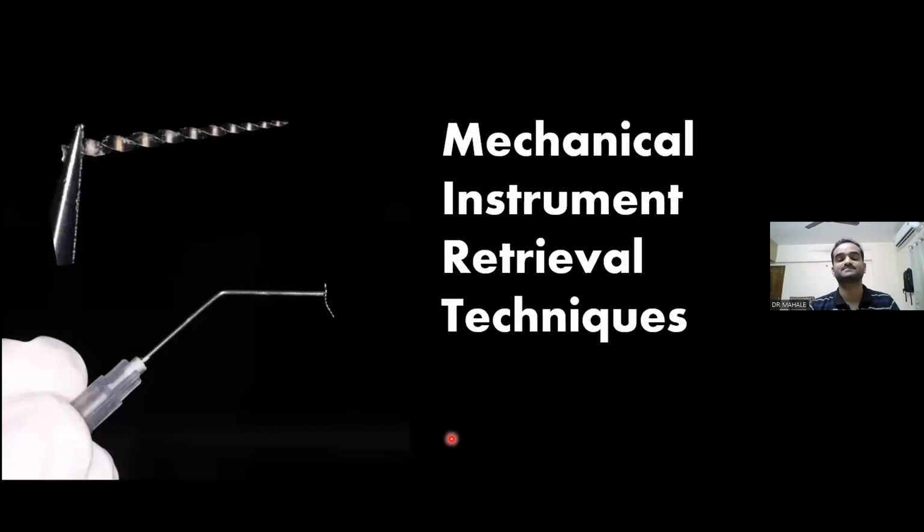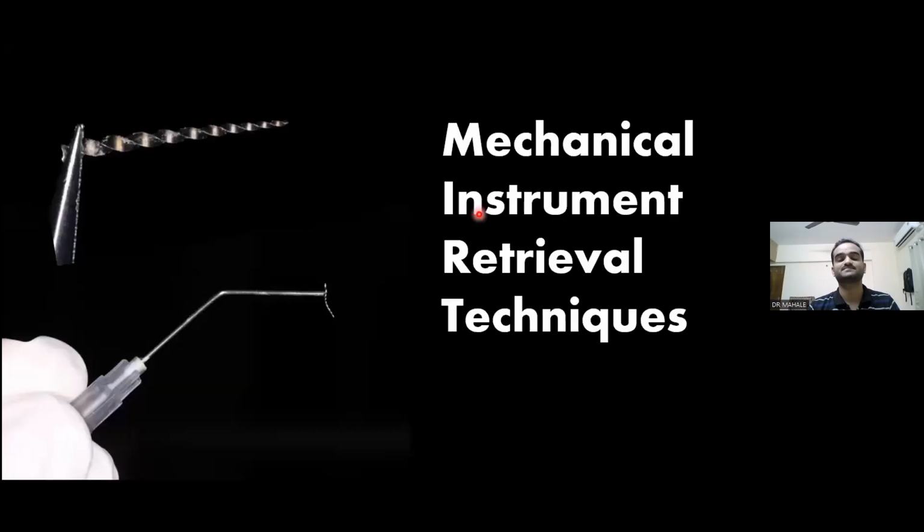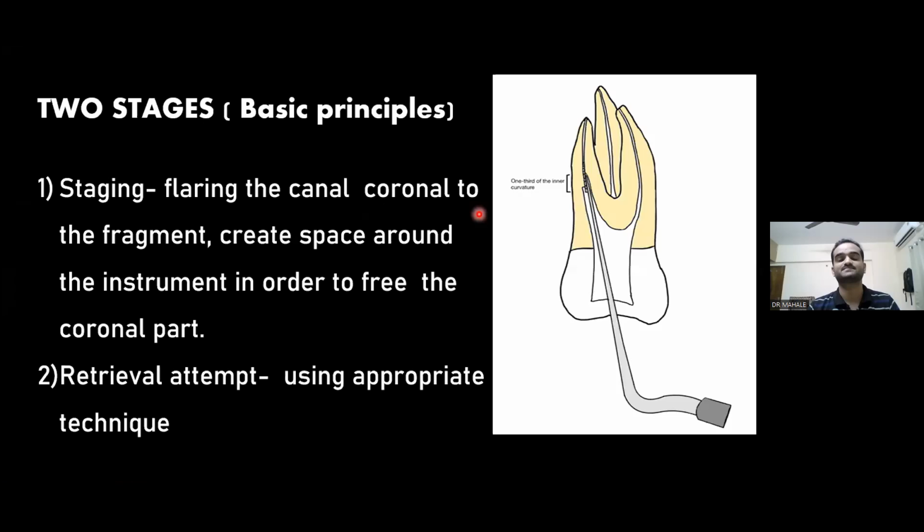Coming to the mechanical techniques, they are always based on two basic principles. The first step is staging, that is flaring the canal coronal to the fragment and creating a space around the instrument in order to free the coronal part.